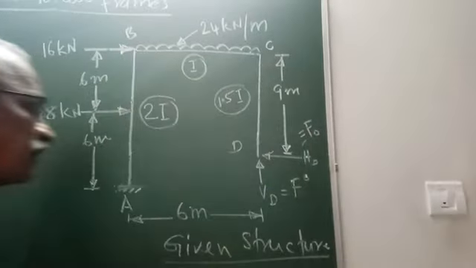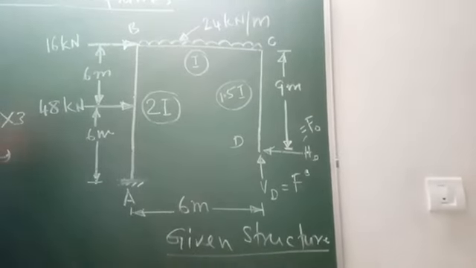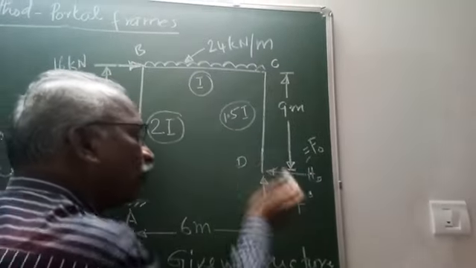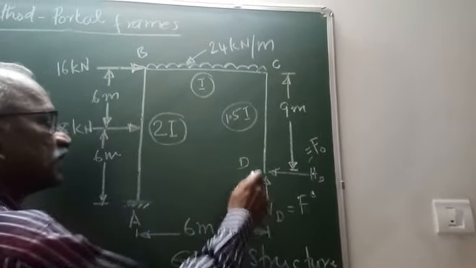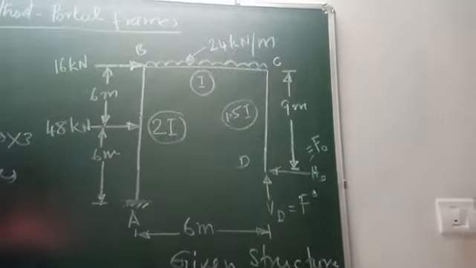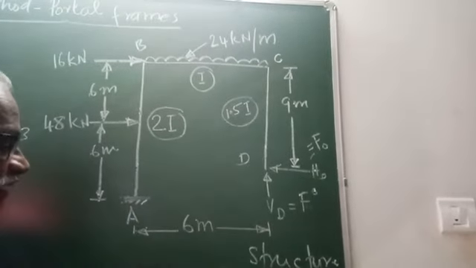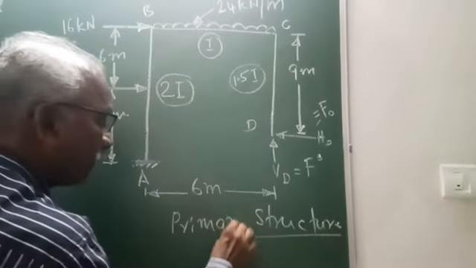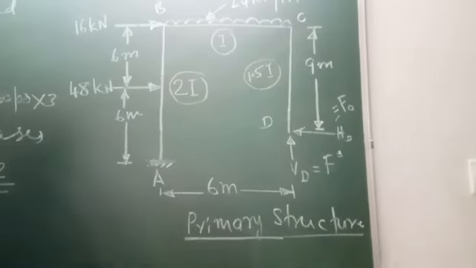These are the redundants. So we are removing the vertical reaction and the horizontal reaction at D and making the structure statically determinate. Therefore this structure is a primary or statically determinate structure.